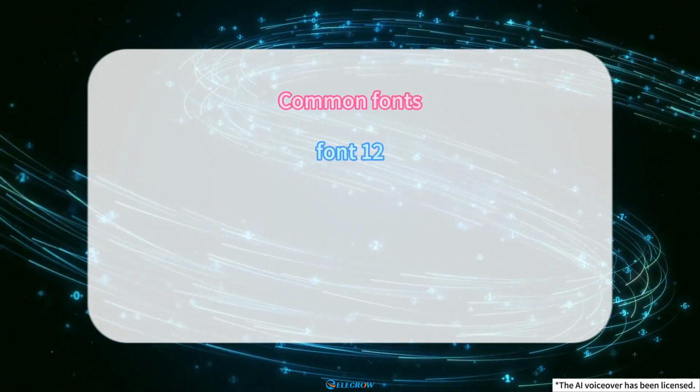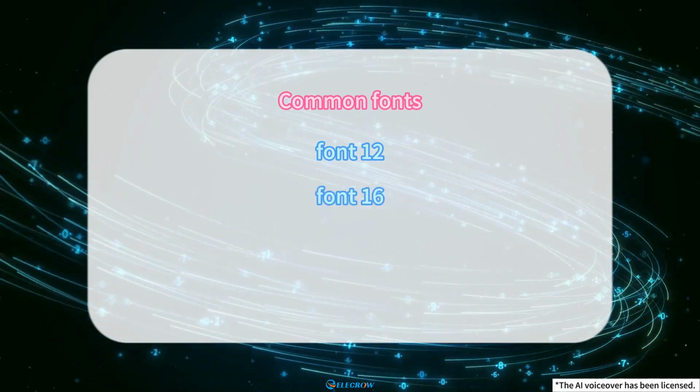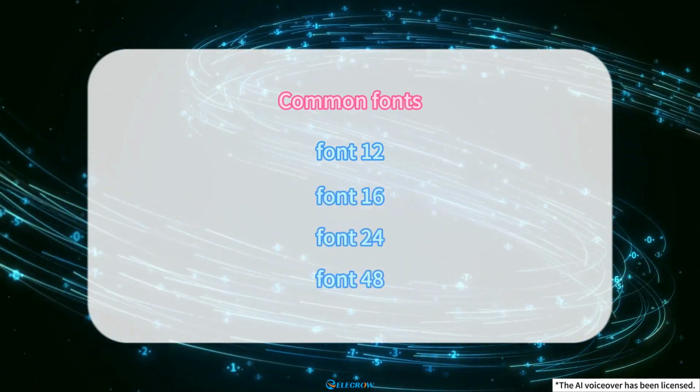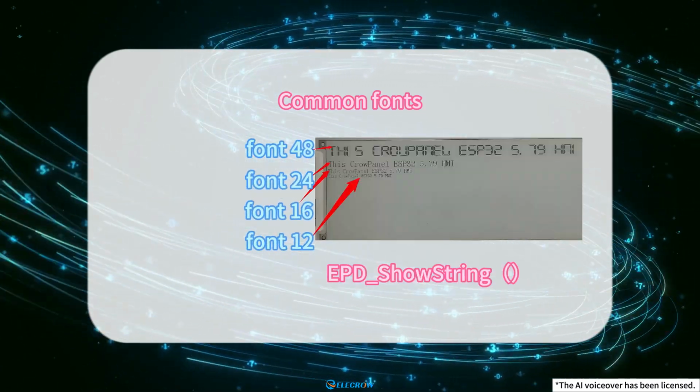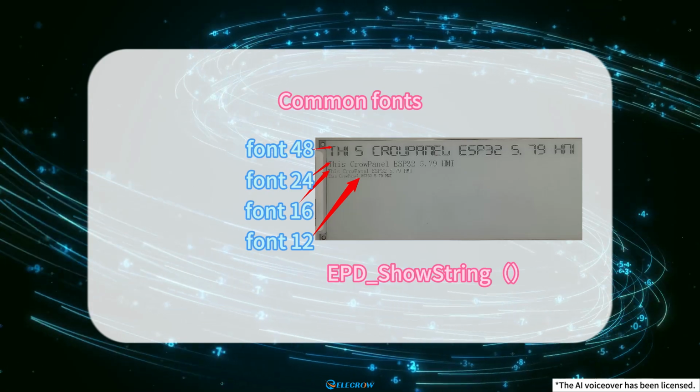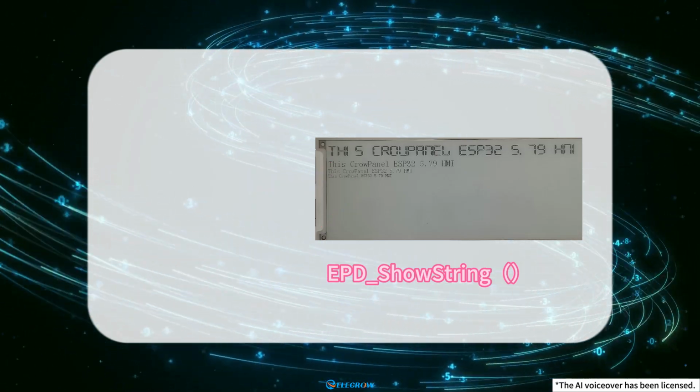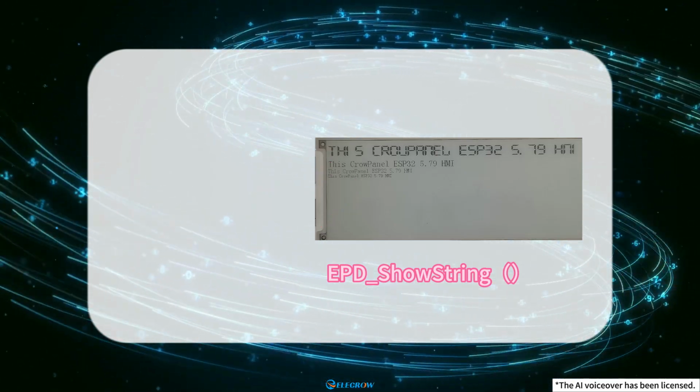In screen display, the commonly used fonts for ASCII code are Font 12, Font 16, Font 24, and Font 48. This is the difference in their display on the screen, and they use the EPD showString function to display these strings. We will explain the usage of this function later.